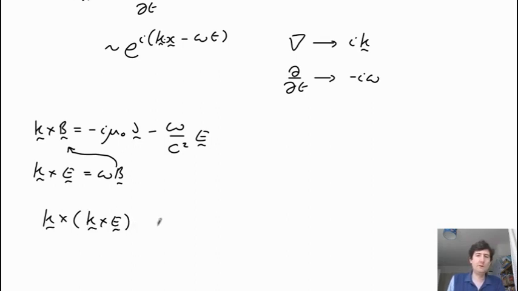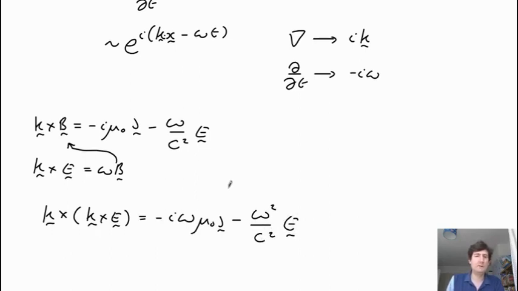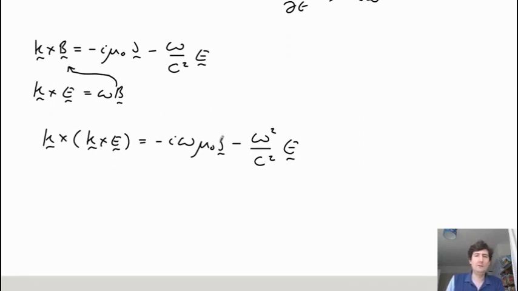And we can multiply through by omega, so we have minus i omega, because I've taken this omega from k cross e and multiplied through, mu naught J. Now we have an omega squared over c squared times E. Now in vacuum, I said the current here goes to zero, and so everything about the plasma goes into this J. So this contains the plasma response.